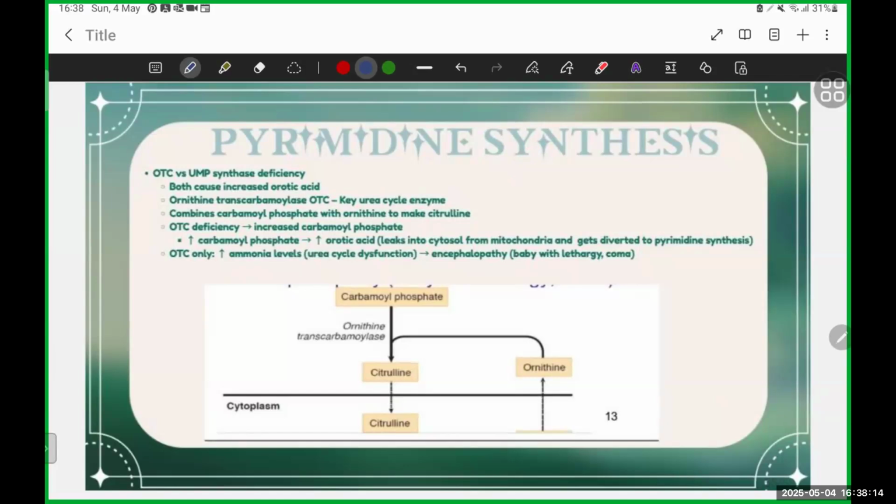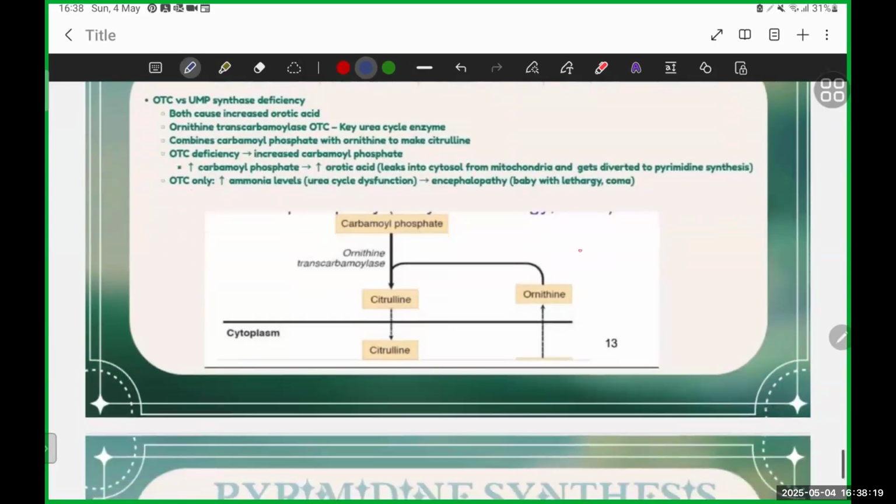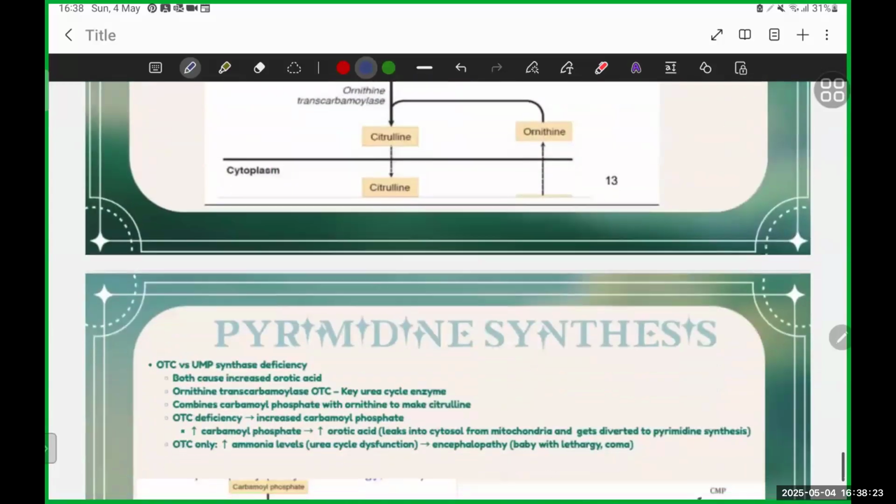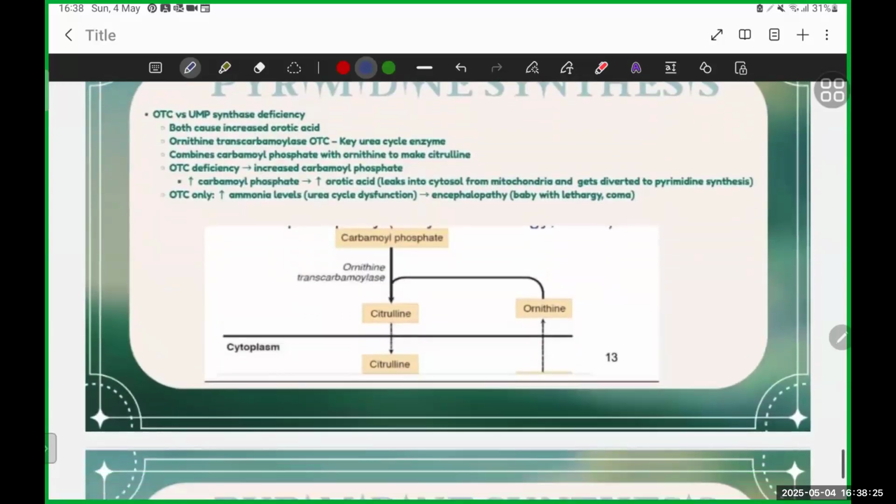So here we go. We have carbamyl phosphate, right? Carbamyl phosphate was formed at first with carbamyl phosphate synthetase. But here we're talking about the urea cycle, right?